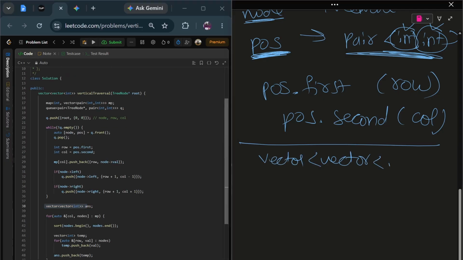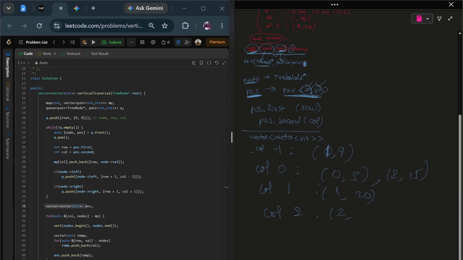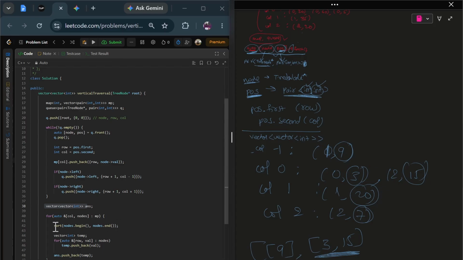Why do we need to return the answer in the vector of vector form? Because the final answer will look like this: let's say for column -1 you got 9, and for column 0 you got 3, 2, 15, for column 1 you got 20, and for column 2 you have got 7.